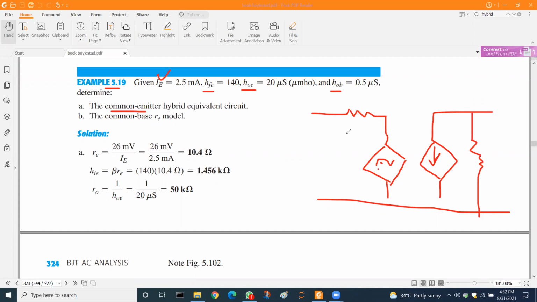So I draw the model here. Similarly we have the H of HF, R and HF.